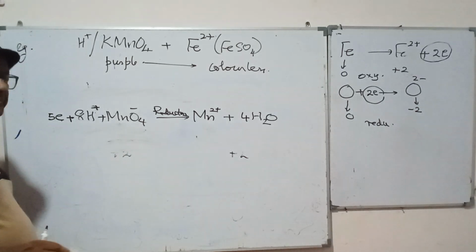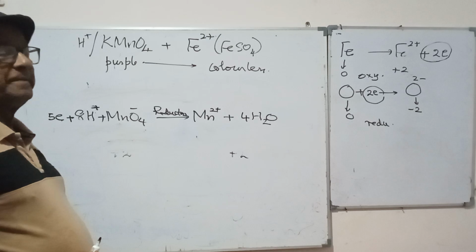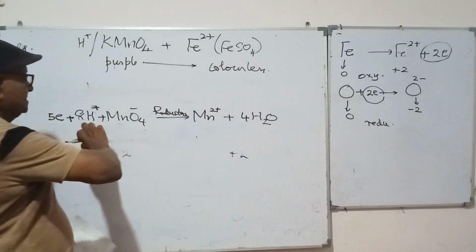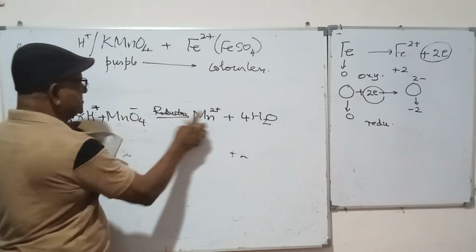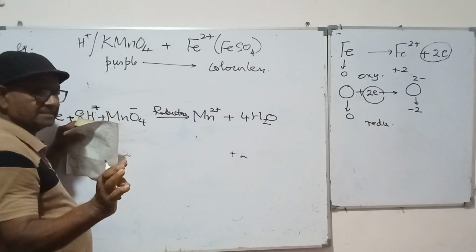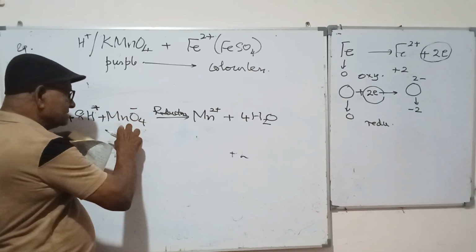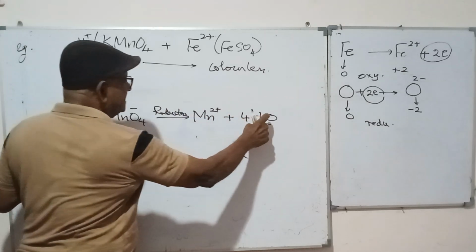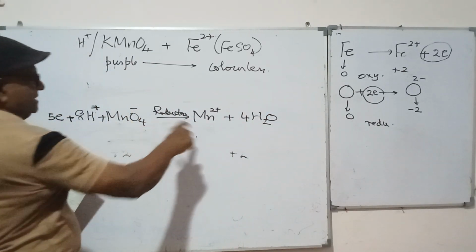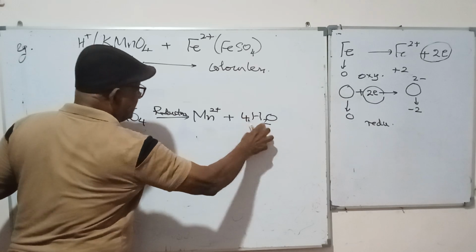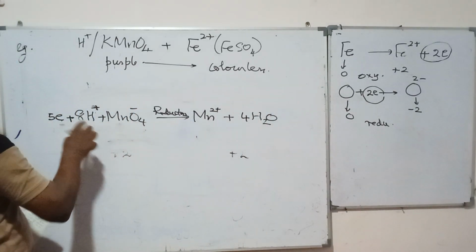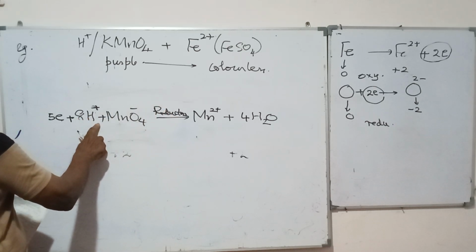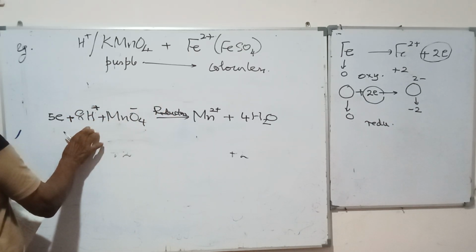Then this is the half reaction for the MnO4 minus. I'll tell you again: first write MnO4 minus becomes Mn2 plus, you must know that. Then balance the elements. To balance the O4, you have taken 4 moles of water, then 8H comes, so to balance the hydrogen, 8H plus should be added to this side.